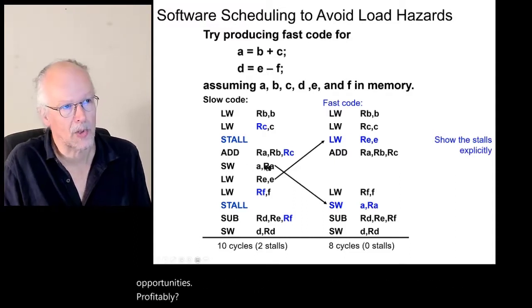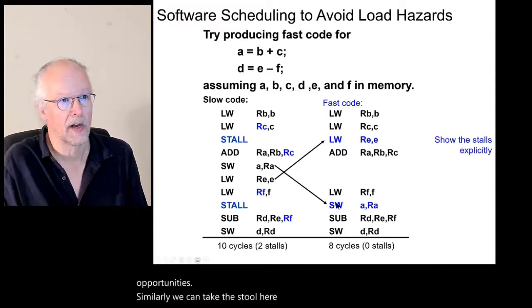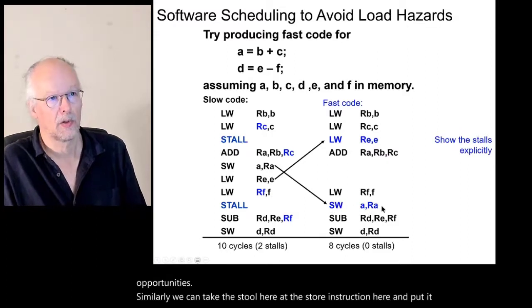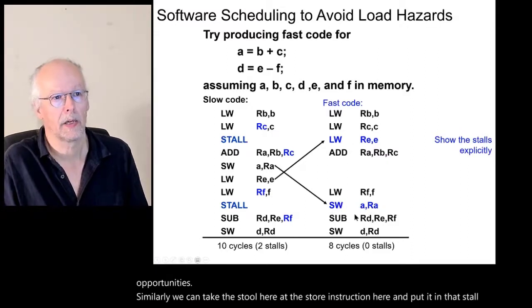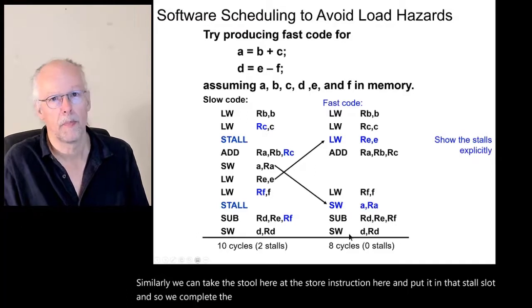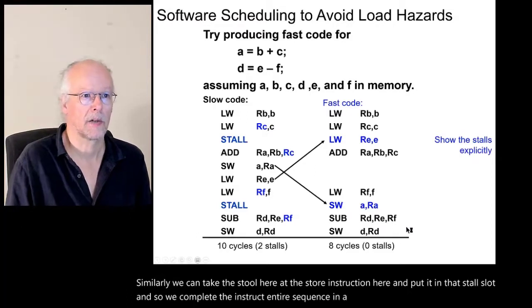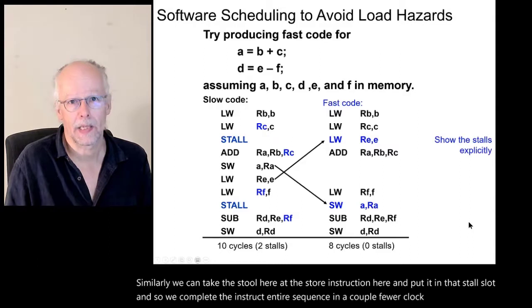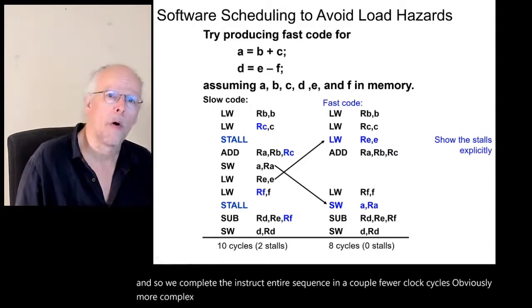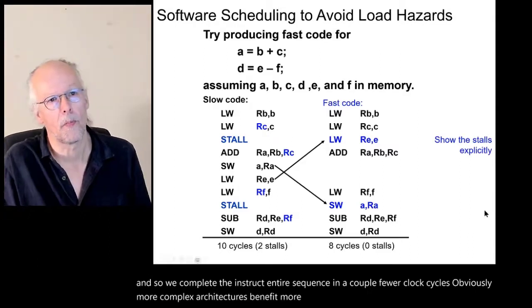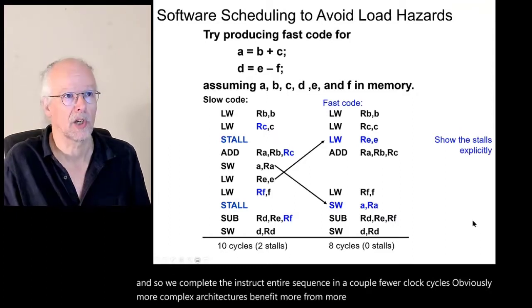Similarly, we can take the store instruction here and put it in that stall slot, and so we complete the entire sequence in a couple fewer clock cycles. Obviously, more complex architectures benefit more from more sophisticated instruction scheduling.